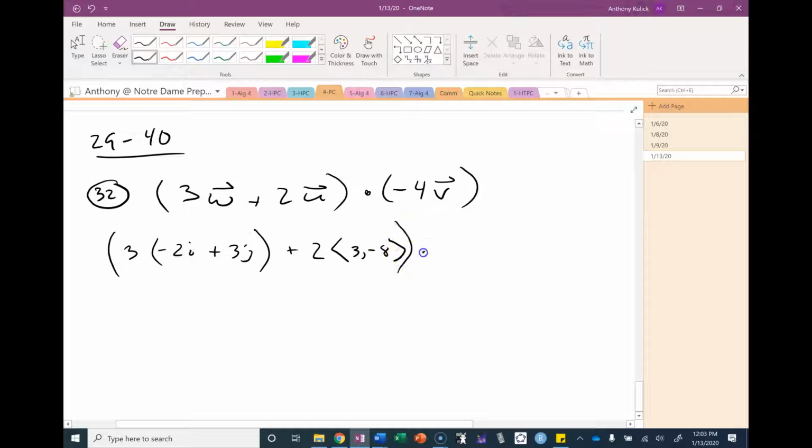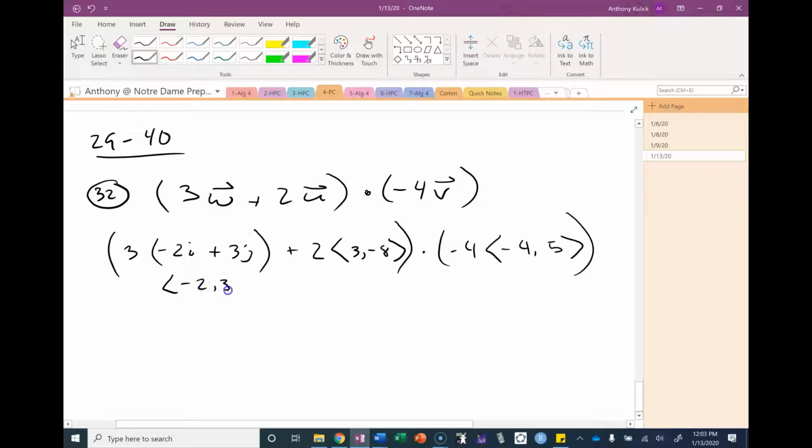One of the first things that needs to be addressed is that some of my vectors, specifically u and v, are given in component form, but w is given with those standard unit vectors. So the first thing I'm going to do is either convert everything into standard unit vector form or everything into component form. Doesn't matter which one you do. I'm going to convert them into component form.